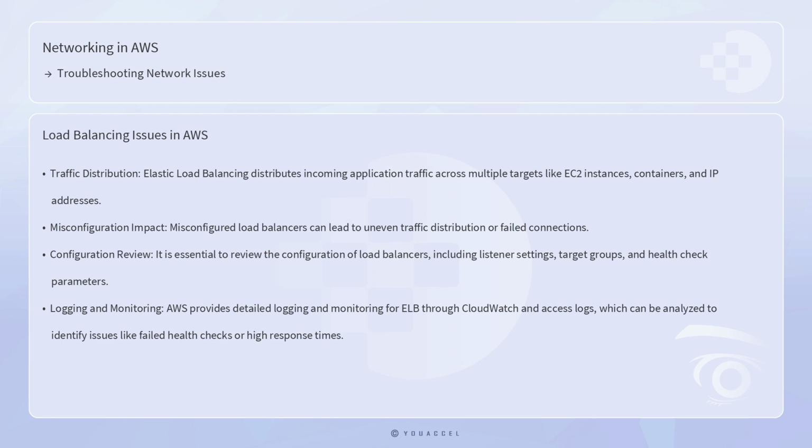Load balancing issues are another area to consider when troubleshooting network problems in AWS. Elastic Load Balancing distributes incoming application traffic across multiple targets, such as EC2 instances, containers, and IP addresses. Misconfigured load balancers can lead to uneven traffic distribution or failed connections. It is essential to review the configuration of load balancers, including listener settings, target groups, and health check parameters.